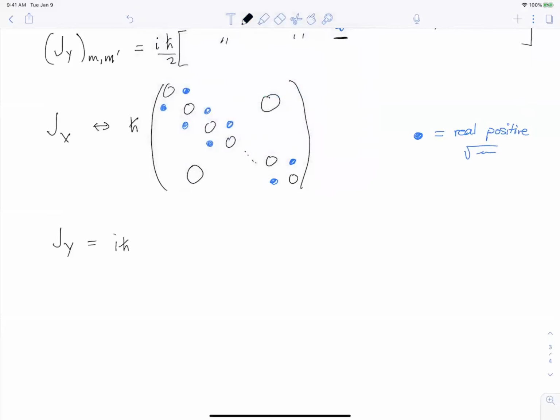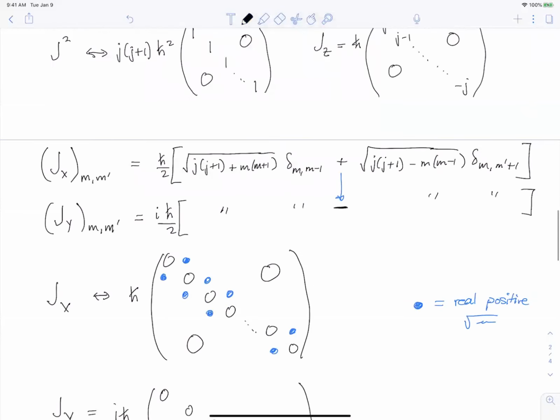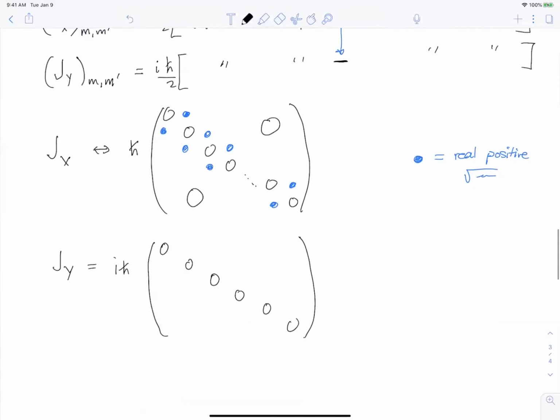And j sub y looks like this. So again, I'm going to put in the zeros on the diagonal because the Kronecker delta says from up here that it's always zero on the diagonal because m and m prime. This should have been m prime here. If m and m prime are equal, then you get no contribution.